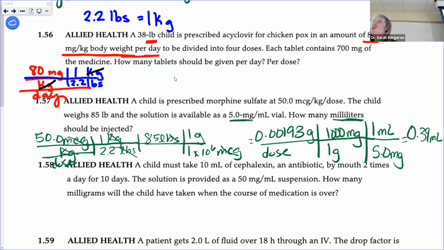But how much does my child weigh? 38 pounds. So multiply that times 38 pounds. What happens to pounds? They cancel. What am I left with on the top of this whole big thing? Milligrams. So I get milligrams per day. So do that: 80 times 38, press enter, then divide by 2.2. What do you get?